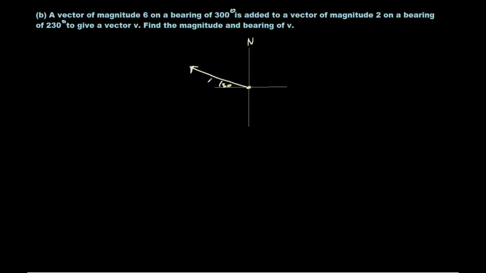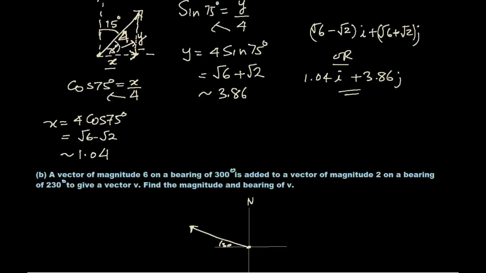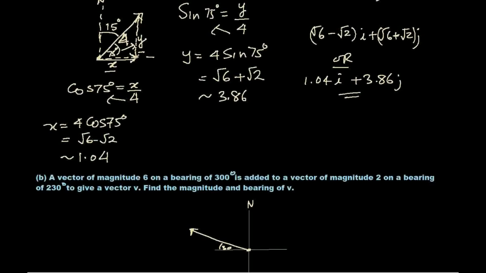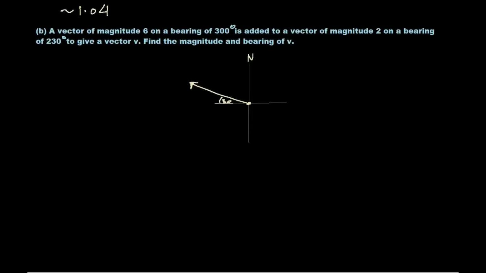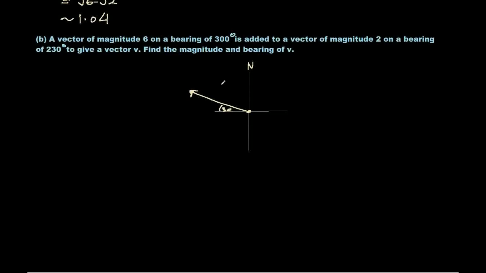We can add on the head of this, like in the previous part I told you that from the head of x we add y, correct? And that's why we got this resultant. Here they're saying from this we can add another vector, magnitude is 2.